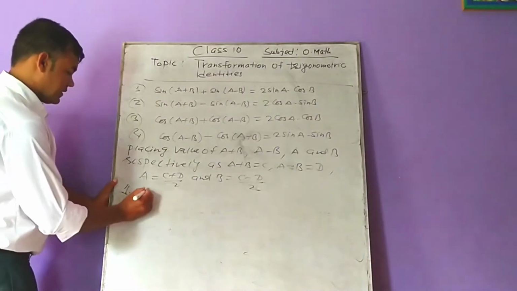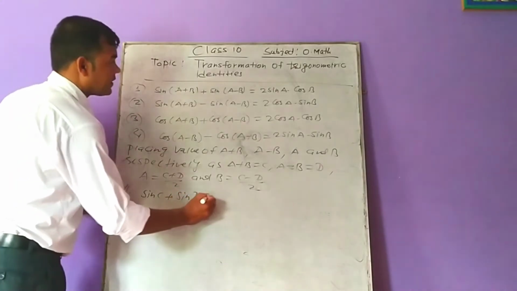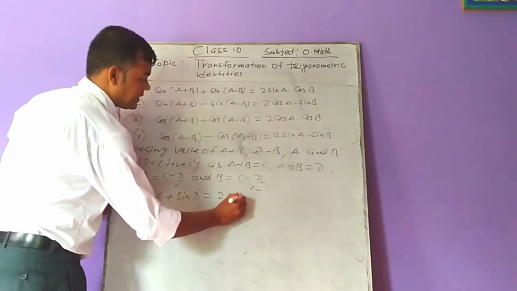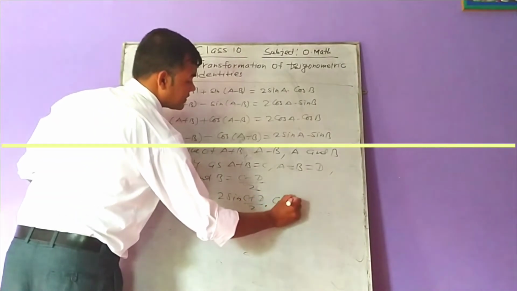Number 1, sin C plus sin D is equal to 2 sin((C+D)/2) into cos((C−D)/2).